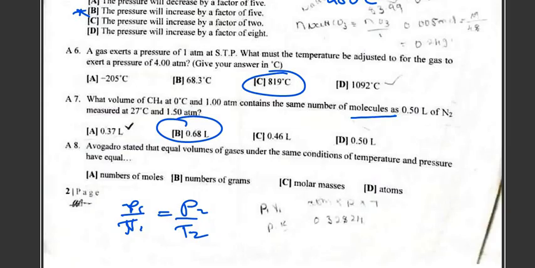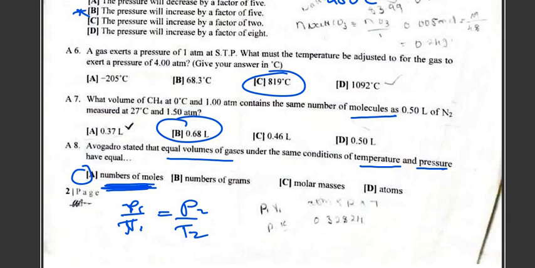So we're saying equal volumes of gases under the same conditions of temperature and pressure, when we standardize everything, there should be an equal number of moles. It's going to give us equal number of moles.